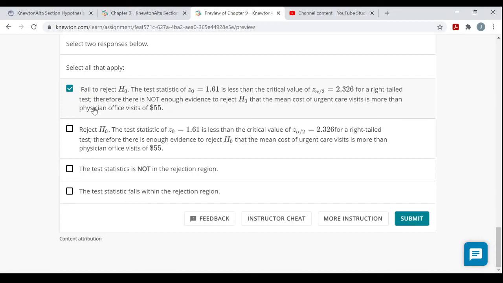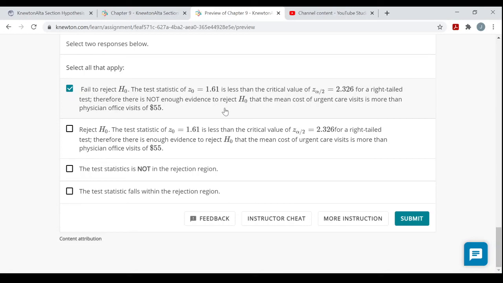And, you know, that means there is not enough evidence to reject the null hypothesis that the mean cost of urgent care visits is more... Now, that's not what the null hypothesis is, though. But still, there's not enough evidence to reject the null hypothesis.